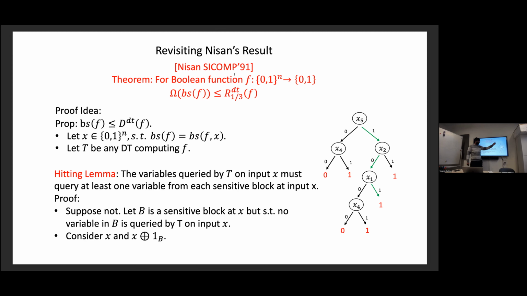So essentially, the variables queried on the root to leaf path will form a hitting set for all the sensitive blocks. And since in the case of block sensitivity, we can find k disjoint blocks, to hit k disjoint blocks you have to have at least k variables. So the root to leaf path must have length at least k, where k is the block sensitivity.